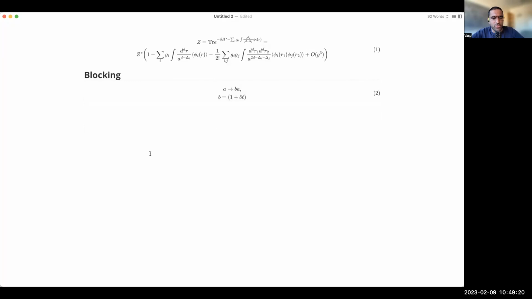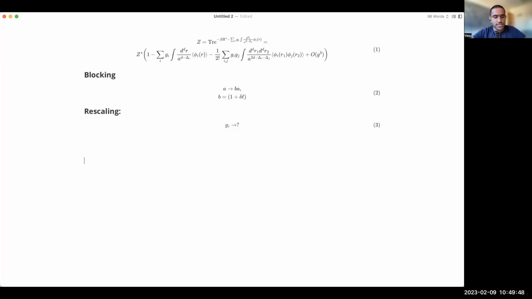And then the question is, how do we rescale our couplings, in order to get back to the same partition function, more or less, but with redefined couplings? So this is the question we're going to answer.